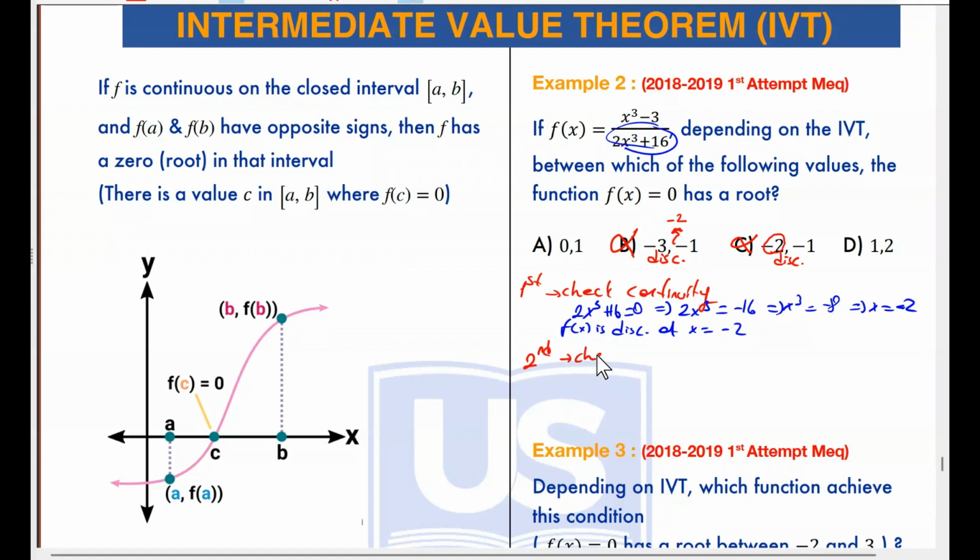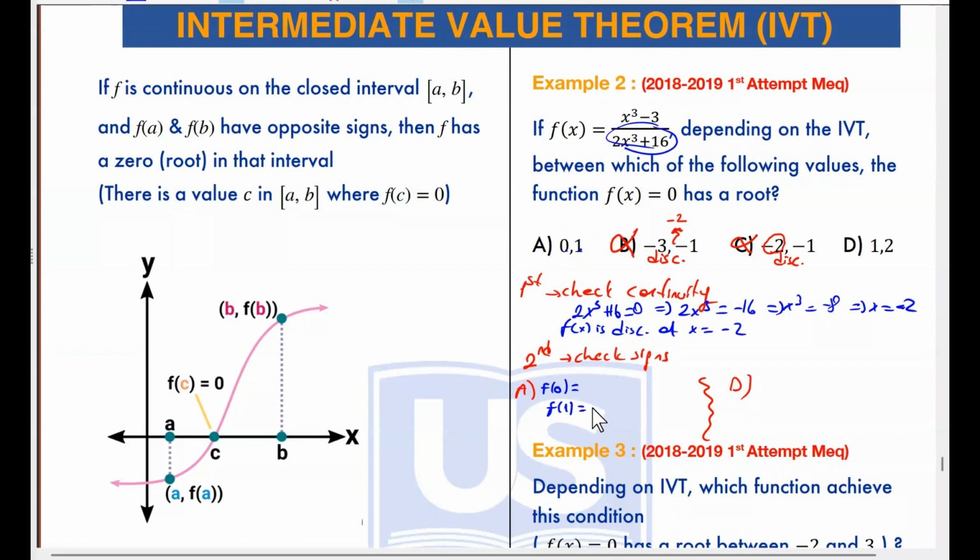Second step, check signs of f of what? f of 0 and 1 in option A. Let's go option by option. Check option A first and check option D. Option A, what is f of 0? What is f of 1?